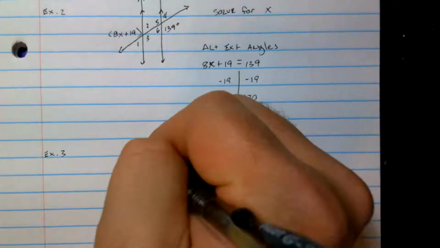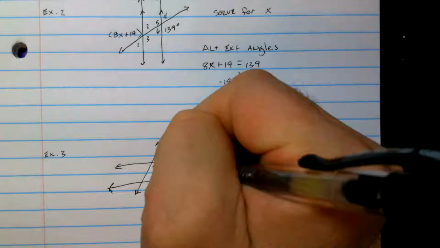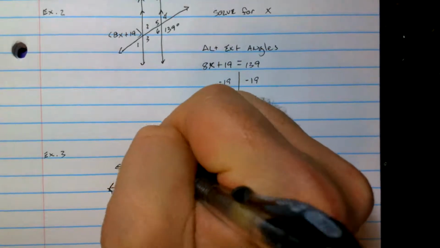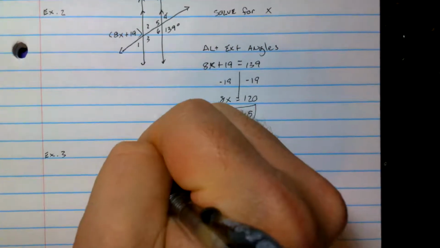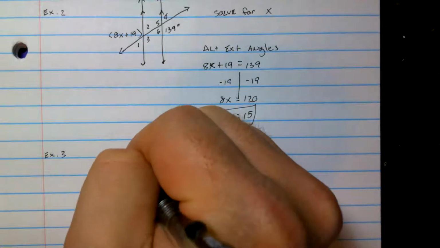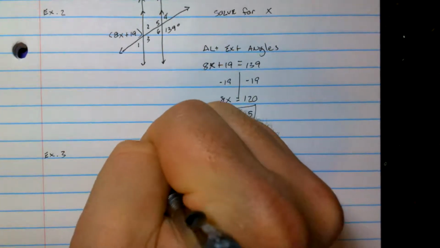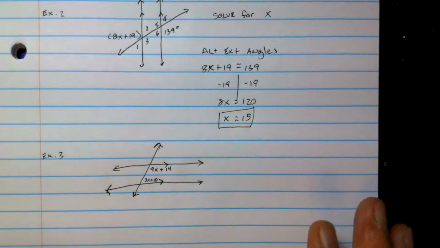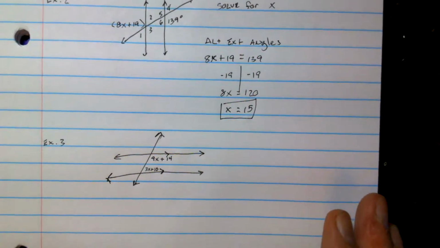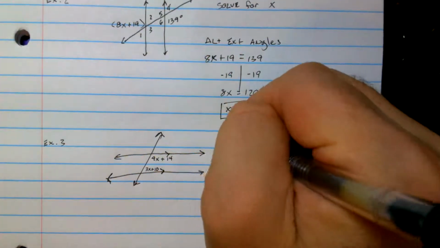So we have 9x plus 14, and we have 3x plus 10. Okay, so there's our two problems. And they want us, again, just to solve.